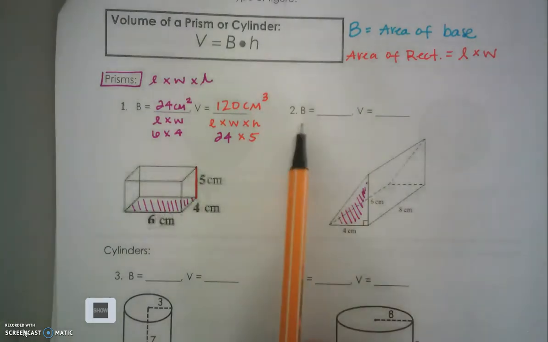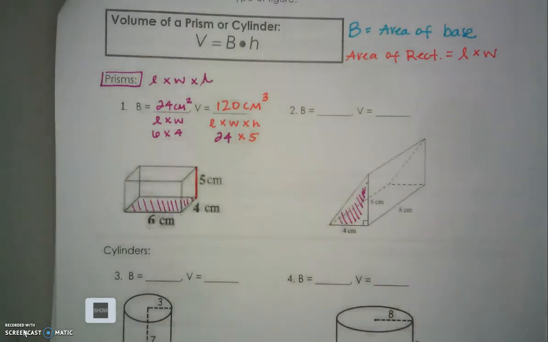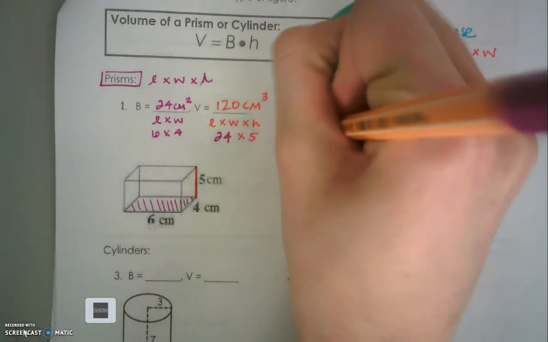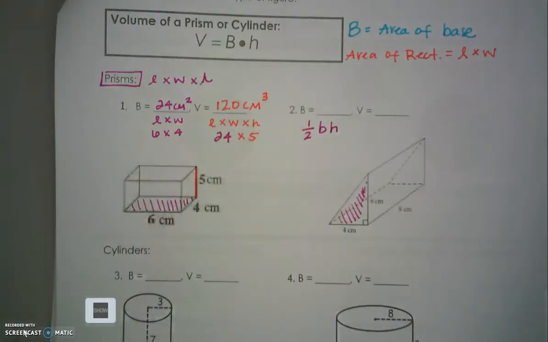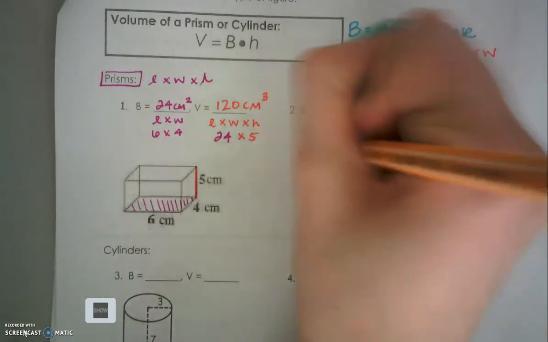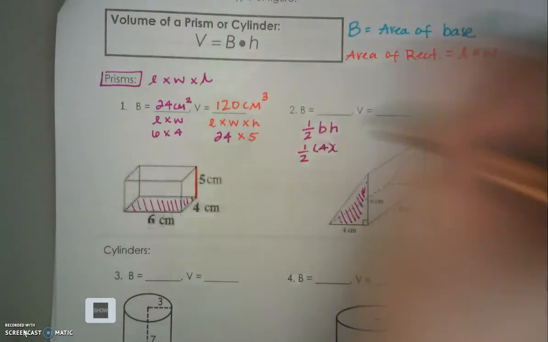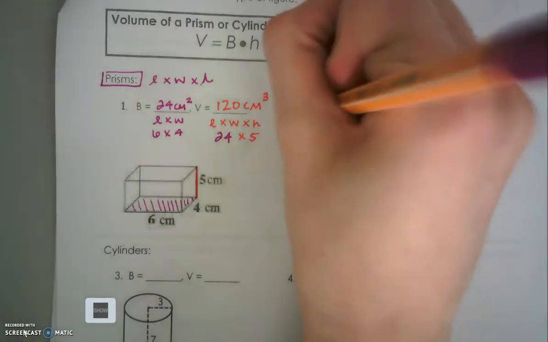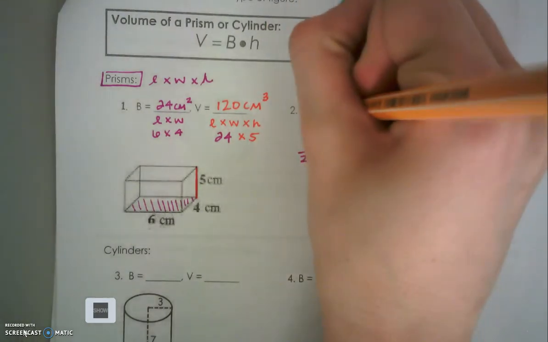So the area of my base now changes. My area of my base is 1/2 the base times the height. So I have 1/2 my base times the height of my figure. And so this is going to give me 12 centimeters squared.